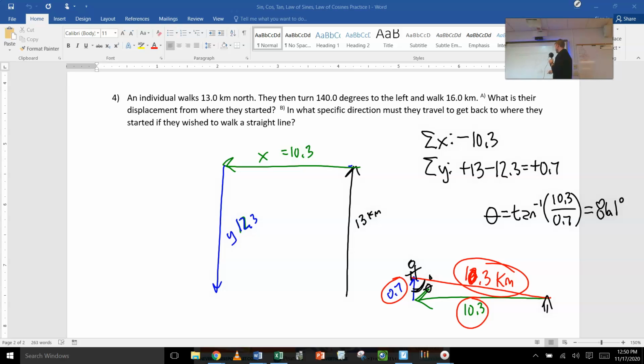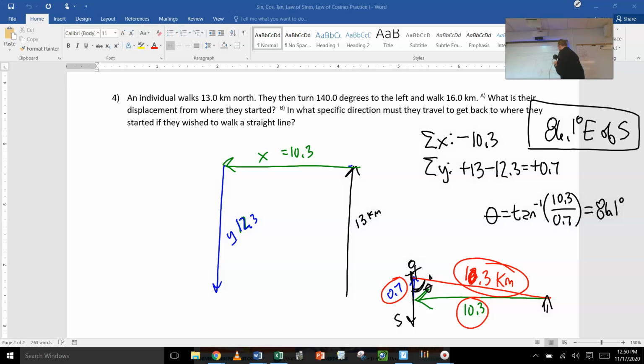So this is 86.1 degrees, and this direction is south to me. So that's 86.1 degrees east of south, or 3.9 south of east. So there you have it.